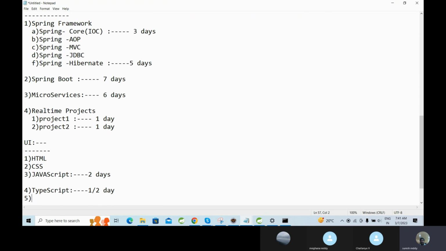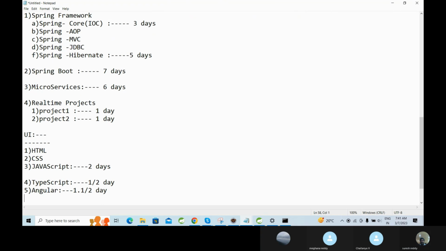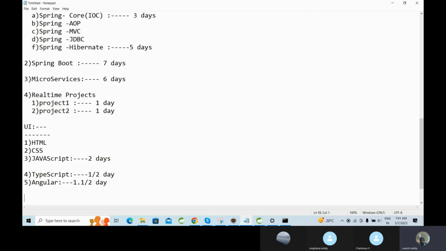The 5th one, Angular, 1.5 days. Okay. Next after that, UI is done.